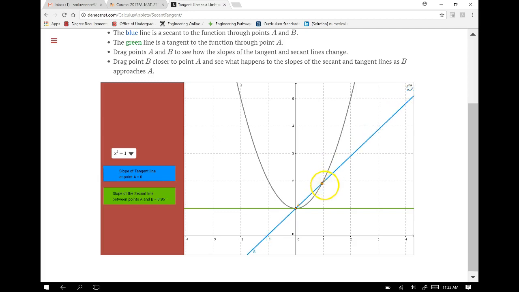And we would just start picking random points that get closer and closer to (0, 1) and try to identify where it looks like they're approaching. And that whole process of picking points closer and closer until we can figure out what value they are approaching is the process of finding a limit.